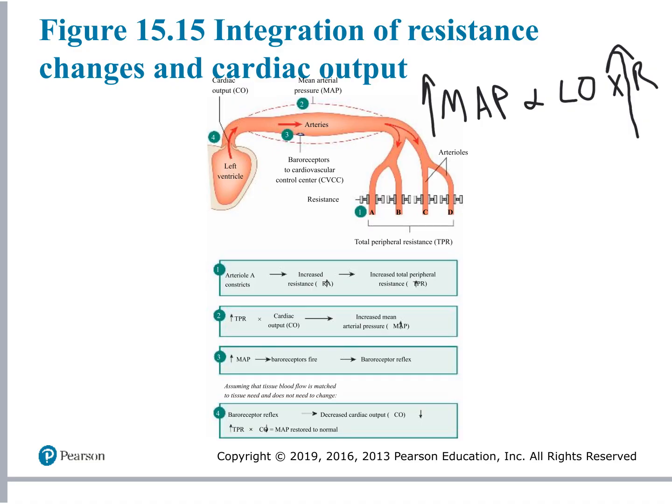So what does that mean? That means we need to lower the cardiac output. If we lower the cardiac output, then we don't change the mean arterial pressure. So with an increase in resistance in blood vessels, if we lower the cardiac output from the heart, then it keeps the mean arterial pressure the same.